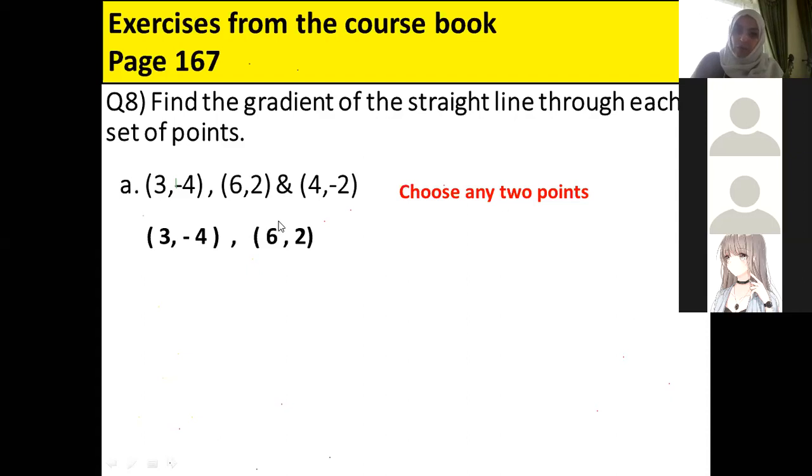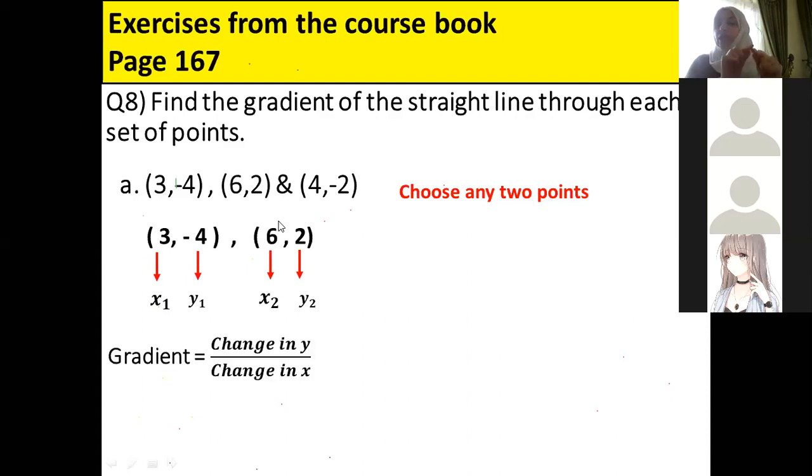Tell me, Yahya, what shall I do? Highly gradient. 6 - 3 divided by 6 - 3. But let me tell you something. We said that the coordinate is x and y. You are saying 6 - 3 divided. Are these the x coordinate or the y coordinate that you are subtracting? X. Be careful, teacher. We agreed that the gradient is the change in y divided by the change in x.